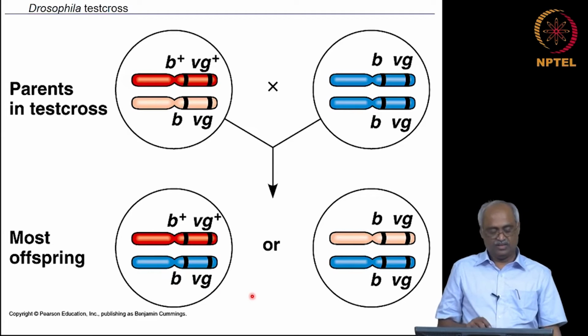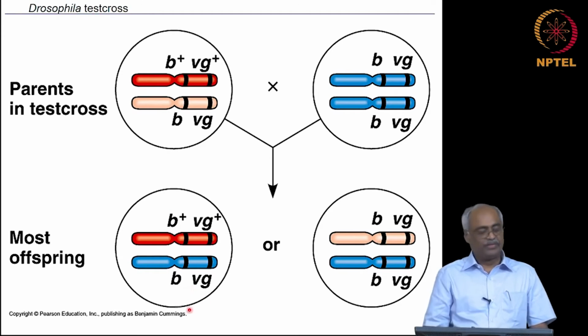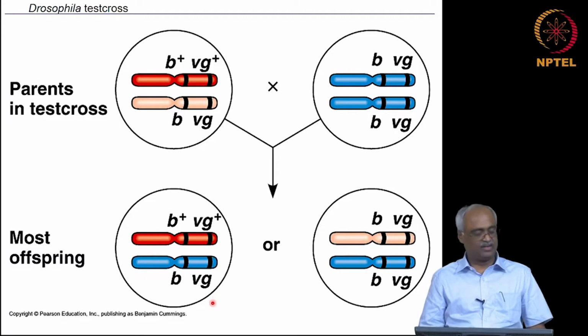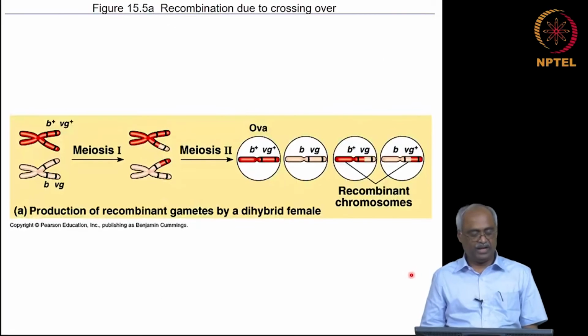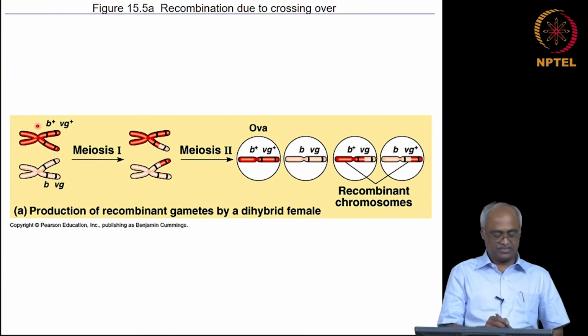So, normally these were the parents and most offspring will be like this because they are not separating and they are together, or they will be like this. So, this is what normally you would expect, but imagine this happening, crossover, like once the chromosome is duplicated, let us say this is chromosome 1M and this is chromosome 1P.